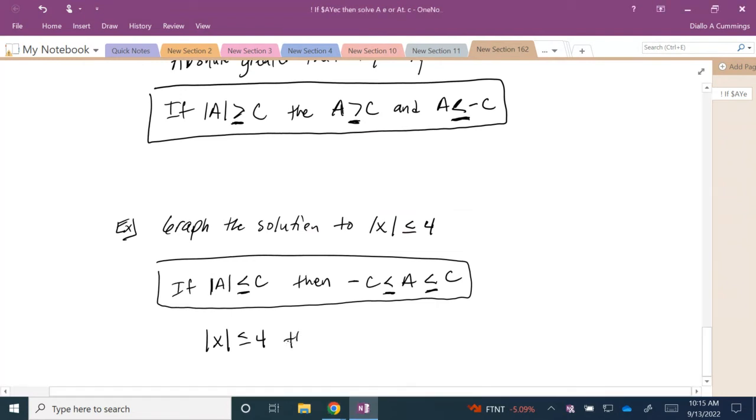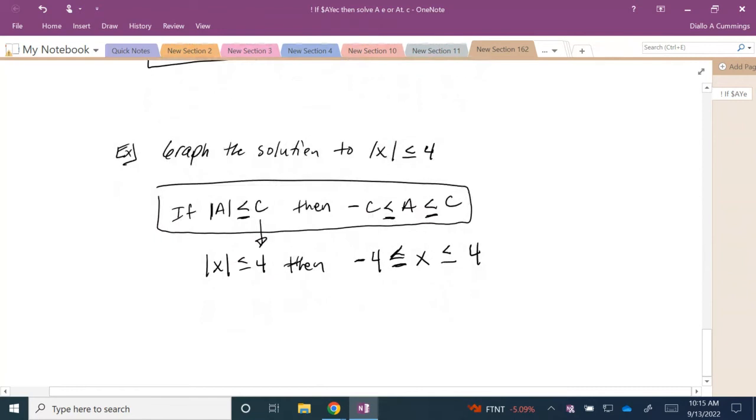So it says I have negative C. Notice that C represents 4, so I'm going to change 4 to a negative 4. I'm going to bring down the less than or equal to inequality. Whatever I have within my absolute value bars, the absolute value bars are dropped. I'm going to bring down the less than or equal to, and since C is equal to 4, I have 4.